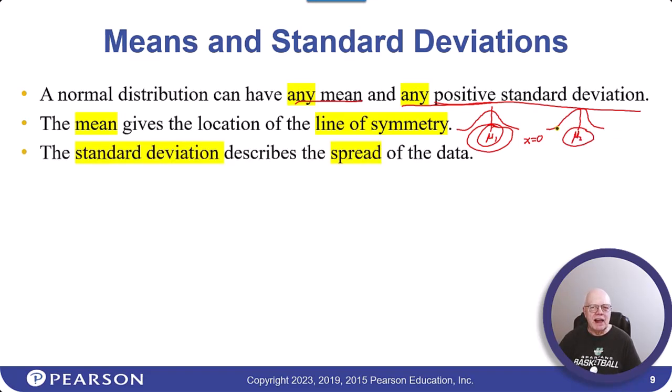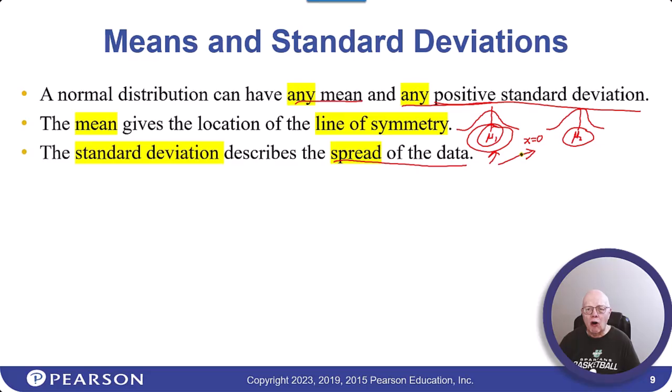The standard deviation, the second number we're talking about, describes how it's spread out. If you look closely at these, you'll notice that even from my chicken scratching, you can tell that they're pretty much spread out the same.